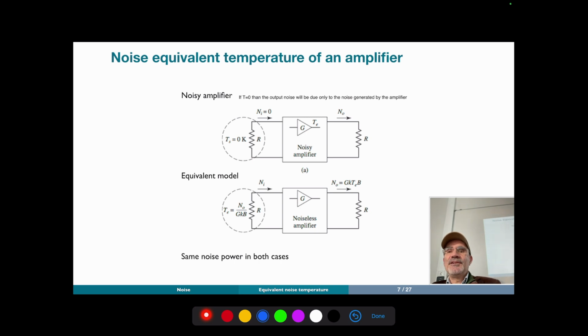We can define an equivalent noise temperature of an amplifier. For that, let's consider we have a noisy amplifier.